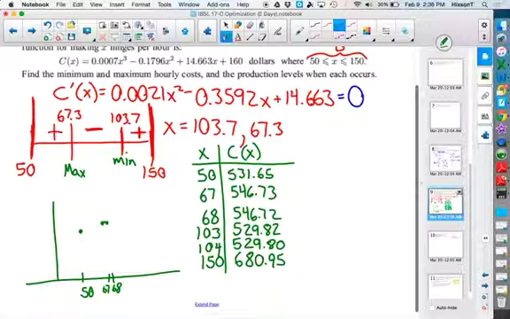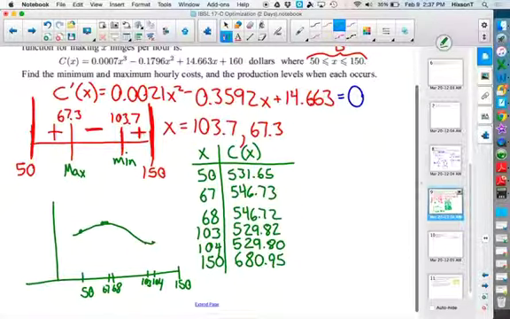Then we come over here to 103 and 104, and we're at 529. That's lower than where we were at 50, but just a little bit. So it's come down. And then at 150, it's up here at 680.